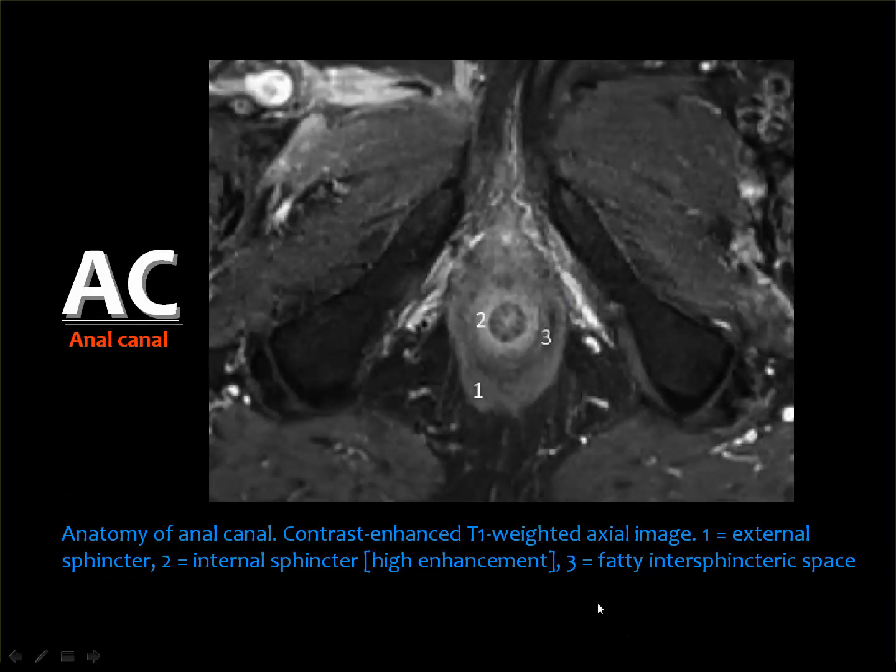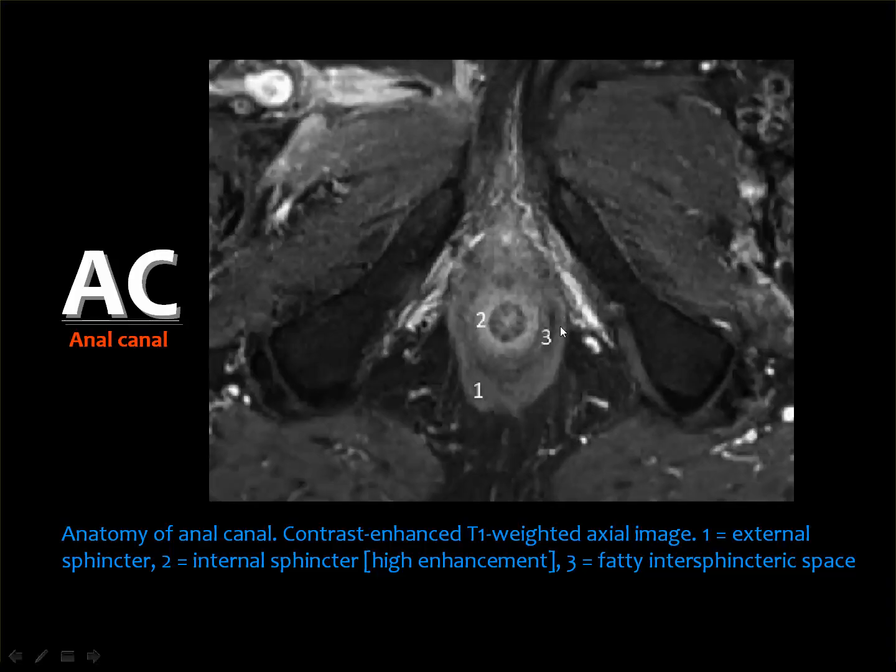And this is the appearance in the axial image. In the axial image, you see the anal canal, and this is the internal anal sphincter, which is slightly of bright signal, and it also shows evident contrast enhancement if you inject contrast, like in this image.